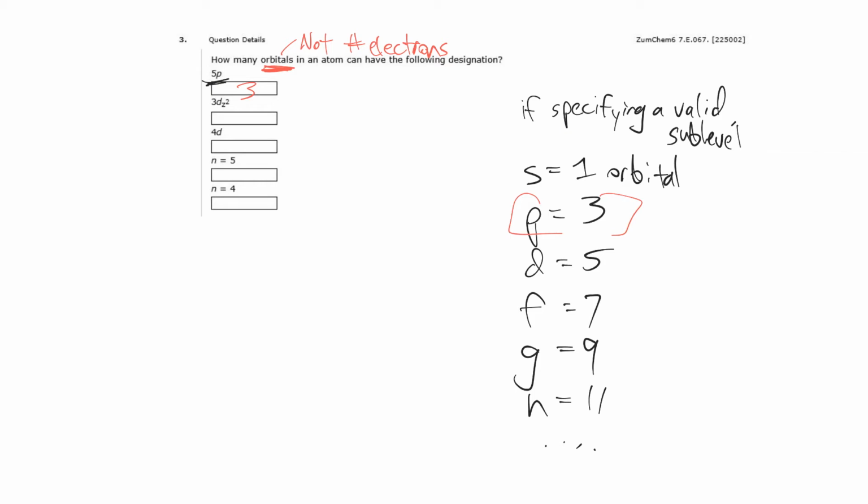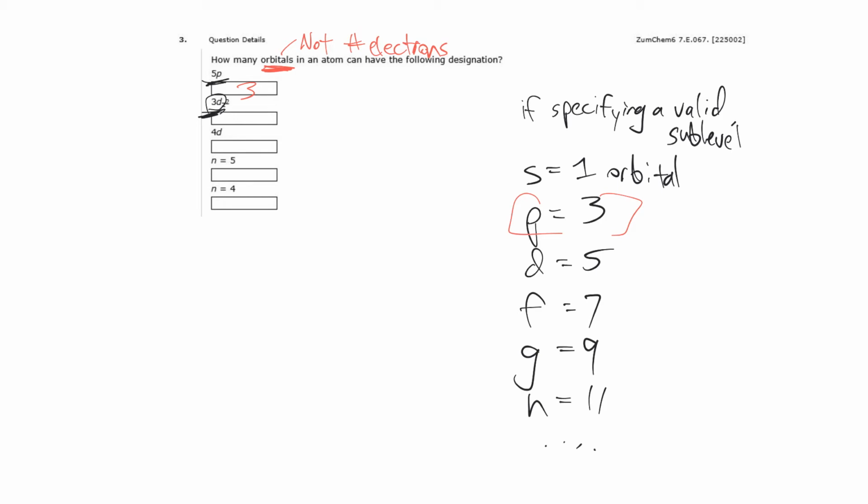Next one, 3dz squared. Is the 3d sublevel a valid sublevel? Yes, it is. In angular numbers, you can have 1 less than the number that's equal to the principal number. So you could have up to 2 for the angular number.